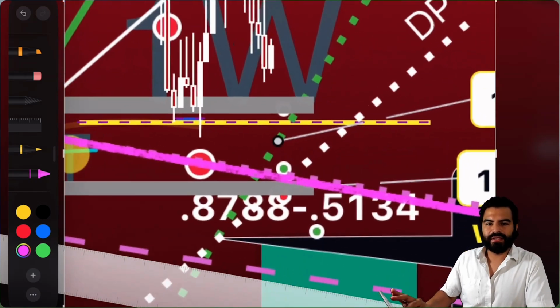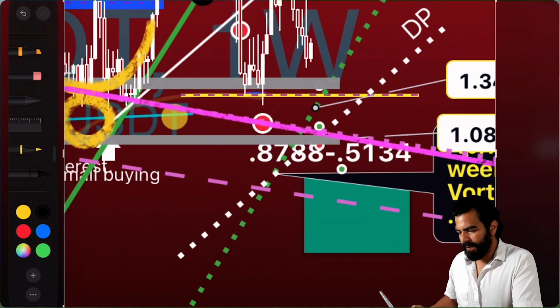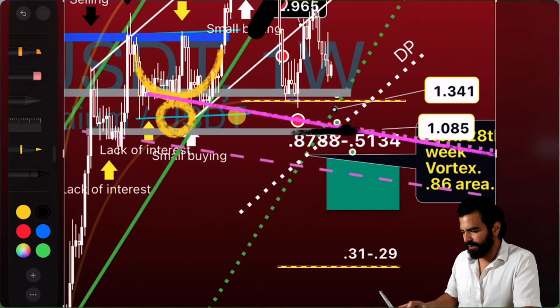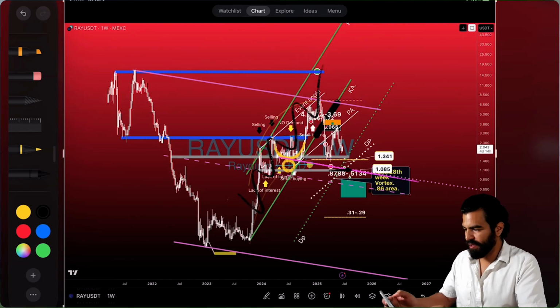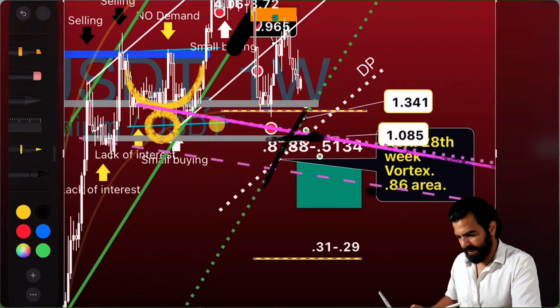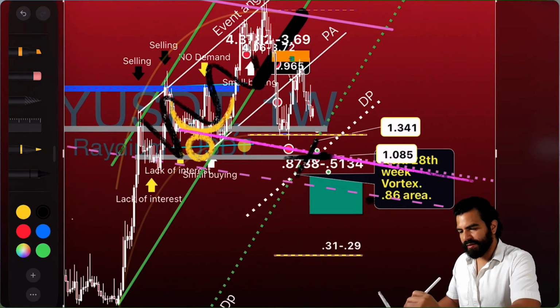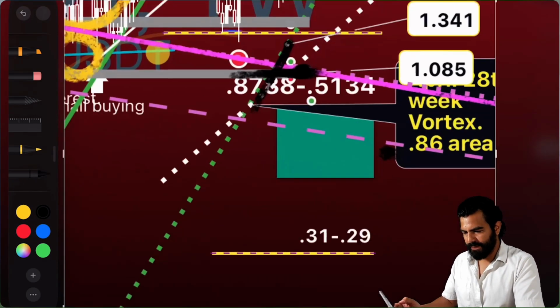Okay, now this is going to stress these points here. The sword cut matches over here as a vortex. The DP projection based on that oscillation matches this as a vortex. Okay, the DP projection based on this oscillation matches that as a vortex.